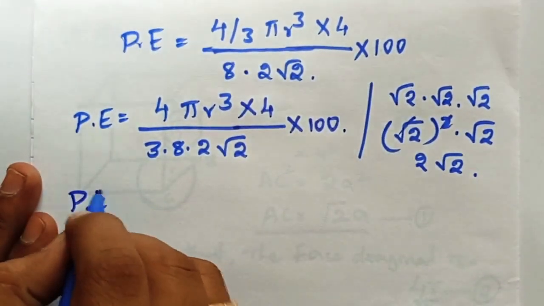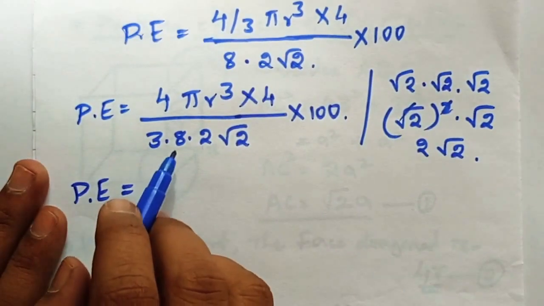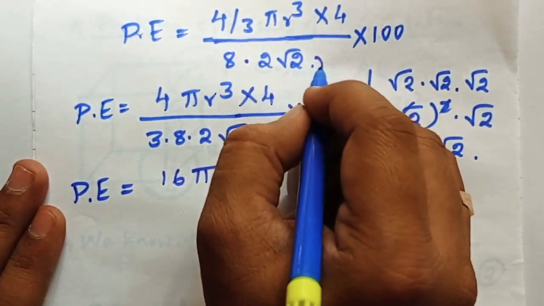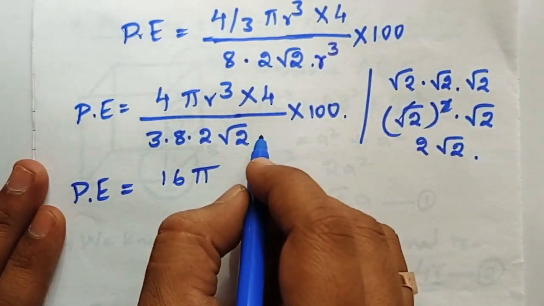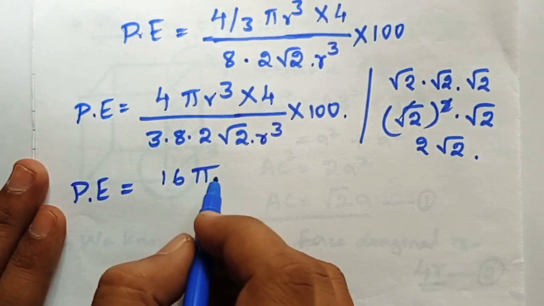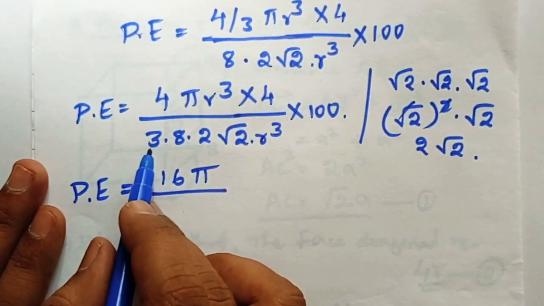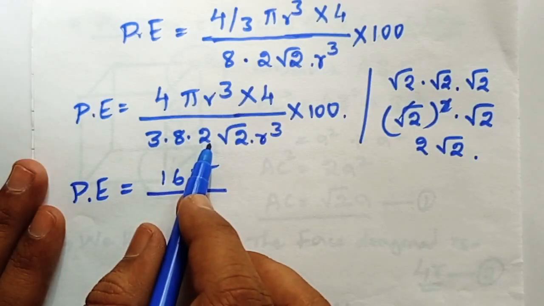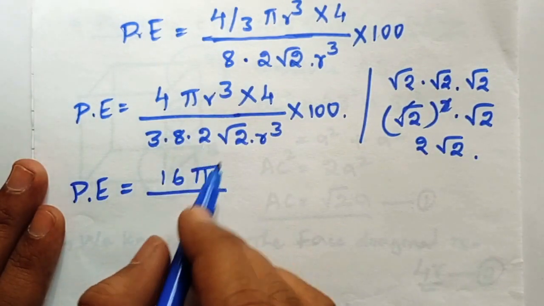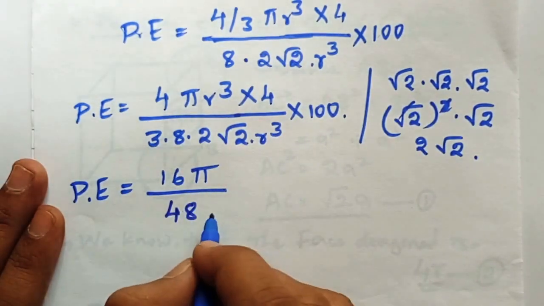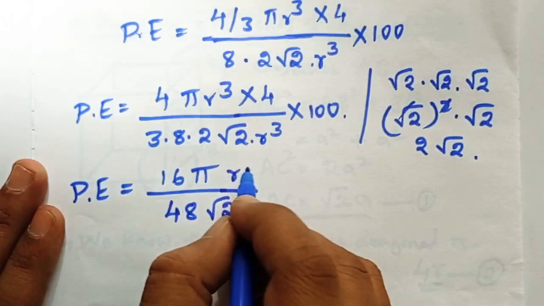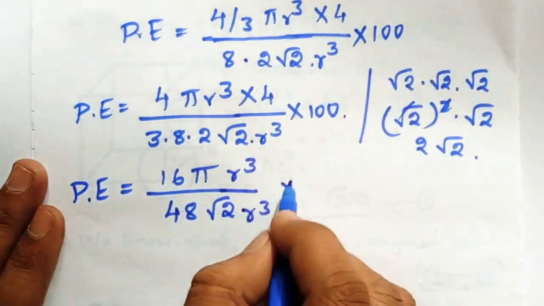Completely simplifying, 4 into 4 is 16 pi r cube, divided by 24 into 2, that is 48, root 2 into r cube, into 100.